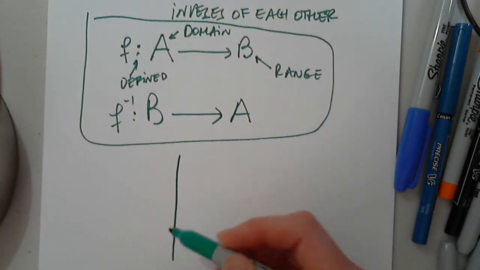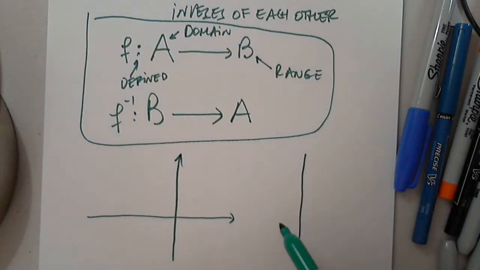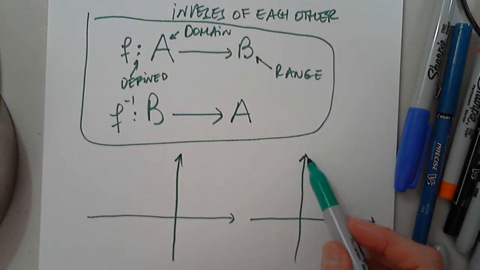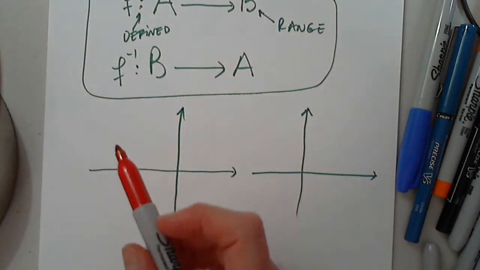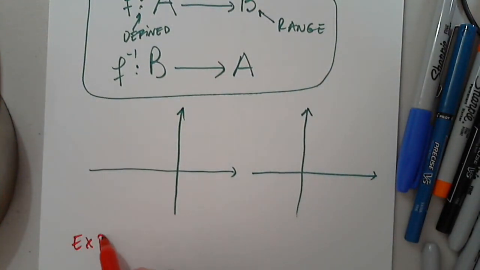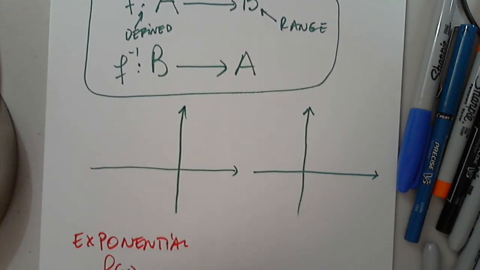Now we're going to graph both. They have two shapes, right? So let's take a look. The exponential looks like this: f of x equals a base to the power x.